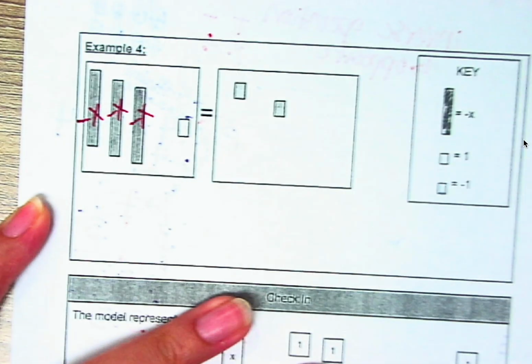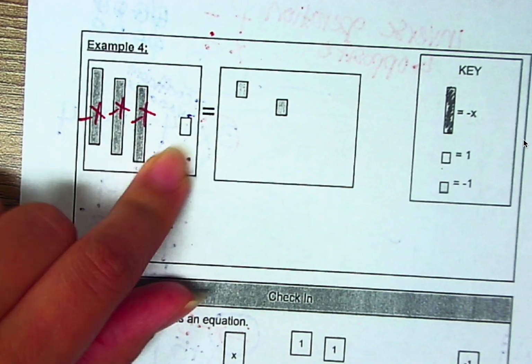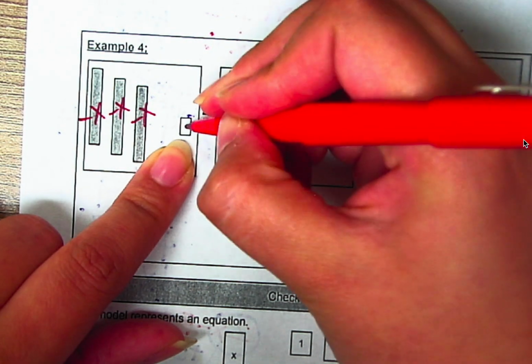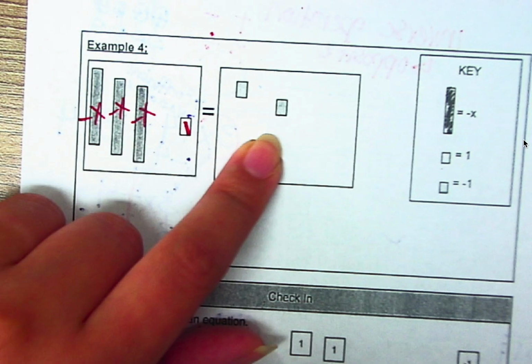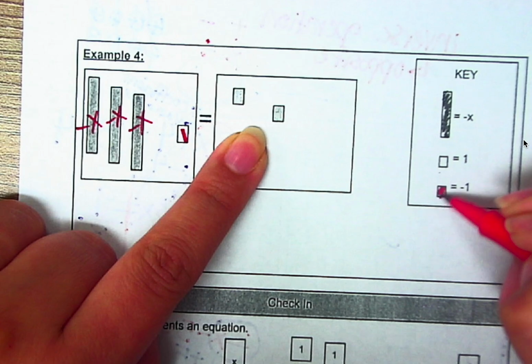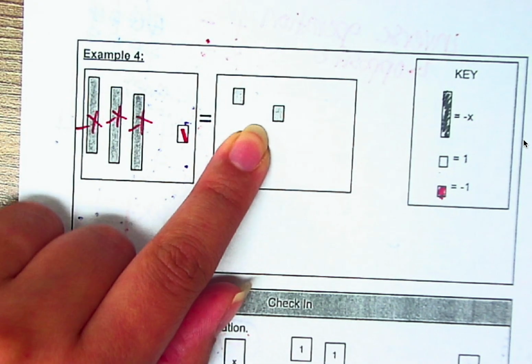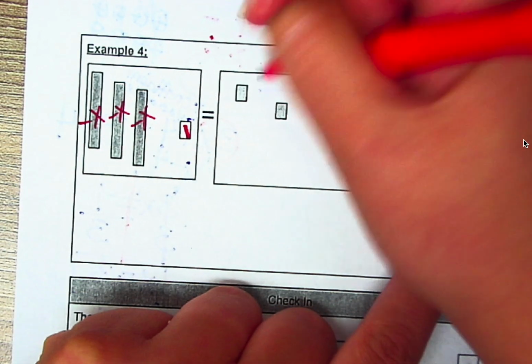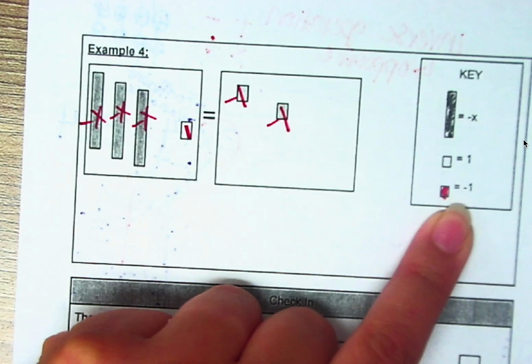Go ahead and label. We got 1, this is not shaded in, so that means it's just a 1. Equal sign, and then we got 2. This is supposed to be shaded in. It's shaded on your paper, but my light is not working. Okay, so this is a negative 1, this is negative 1.